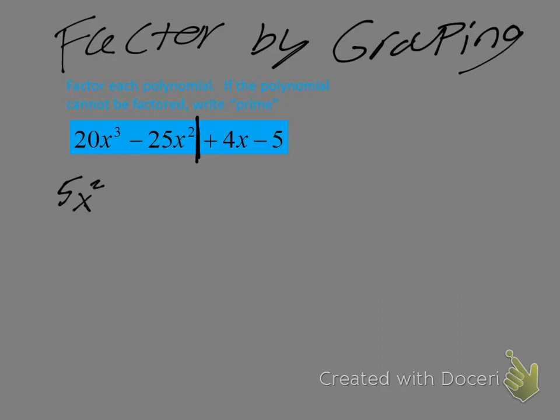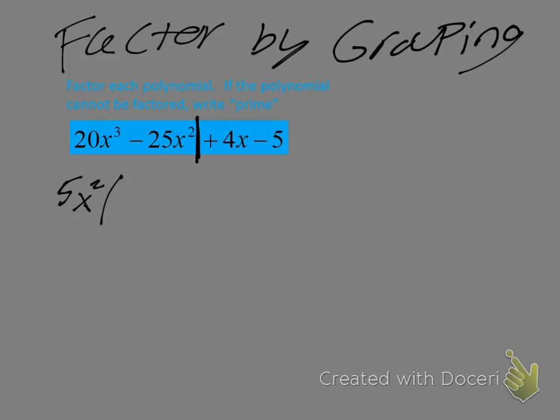Whenever you do a factoring by a GCF, you're always setting it up so that you could distribute that GCF back in and get the same thing. So you need to fill in this binomial, the set of parentheses, so that if you distribute 5x squared back in, it would go to 20x cubed minus 25x squared.